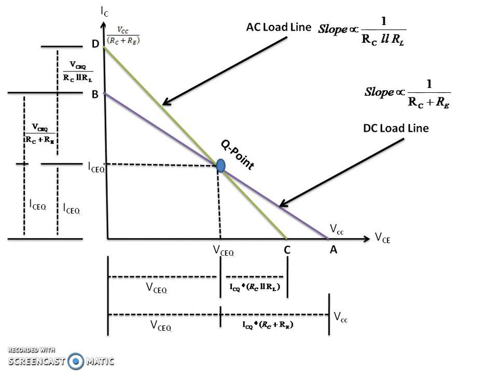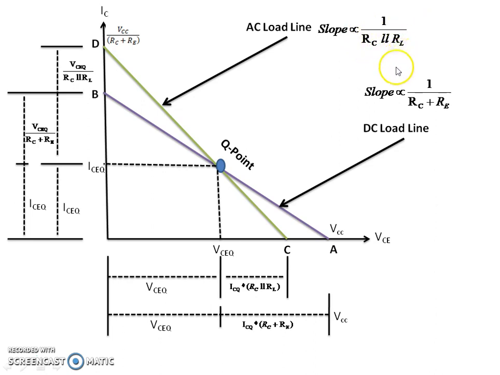From this we already derived that the slope of the DC load line is directly proportional to 1 upon (RC plus RE), while the slope of the AC load line is directly proportional to 1 upon (RC parallel RL).